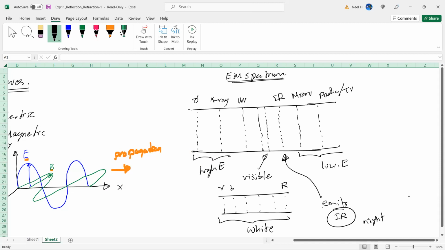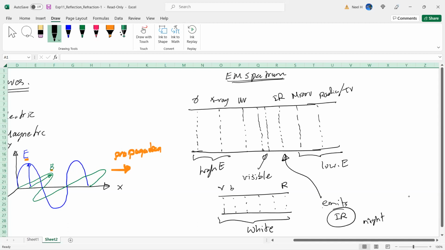But if there's a human or animal burning and maintaining body temperature, it emits IR. So we can easily detect organic creatures, and then different creatures can be separated by the temperature of that particular object. Then we can identify whether it's a human being or a different animal, and so on.